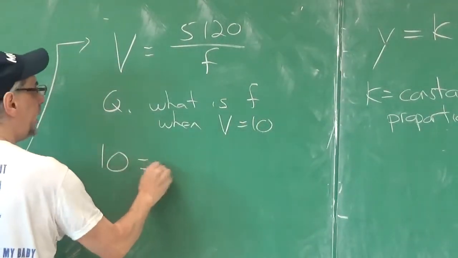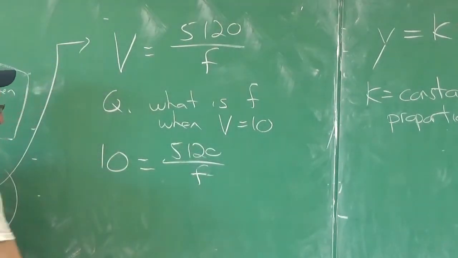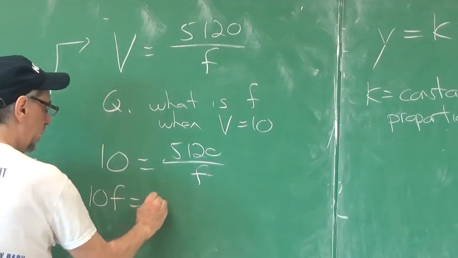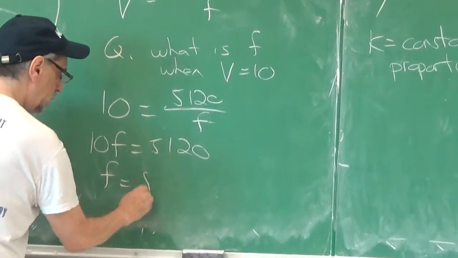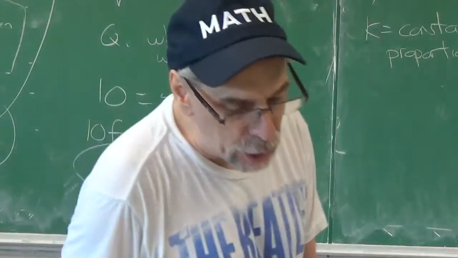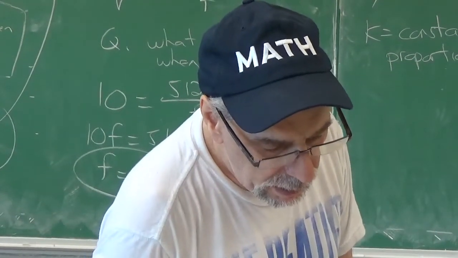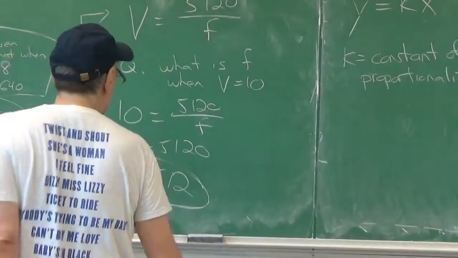We put 10 in, and we solve for F. If we multiply both sides by F, we get this. And nicely dividing by 10, we get 512 vibrations. It doesn't say per second, so 512 per second.